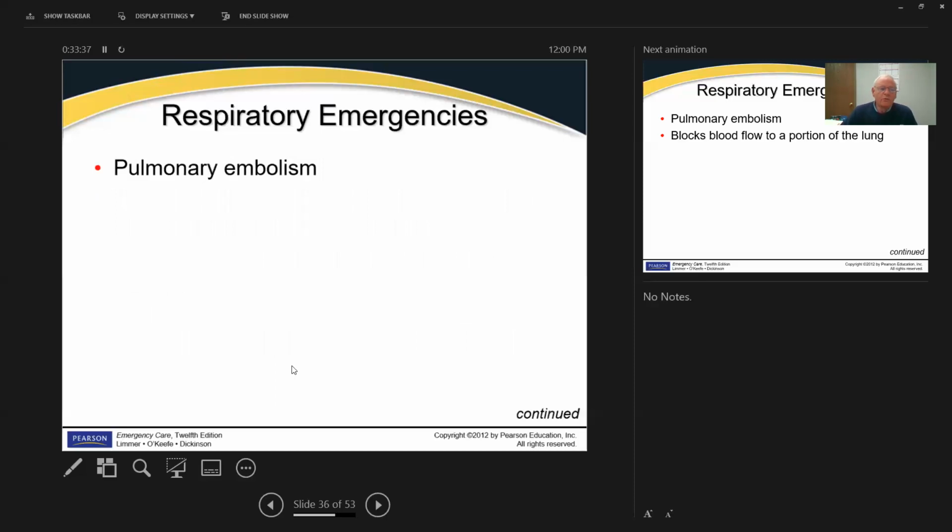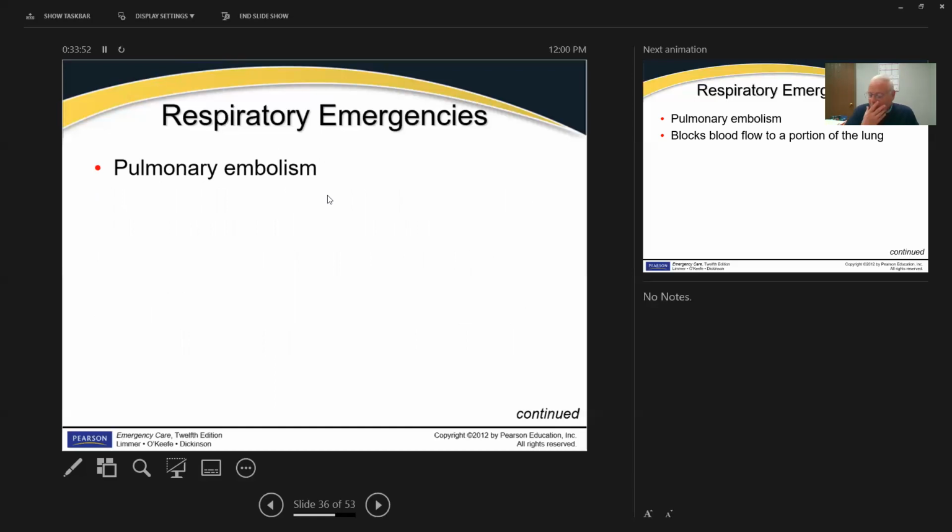Somebody could have a pulmonary embolism. Remember the word embolism? Remember we said that's something that's going down an artery until it gets stuck. We had air embolisms when we had a possible big neck laceration. In this case, it's going to be a blood clot that broke off from somewhere.